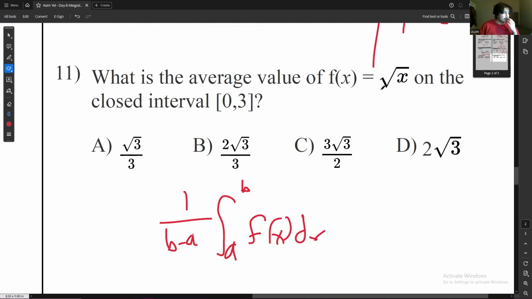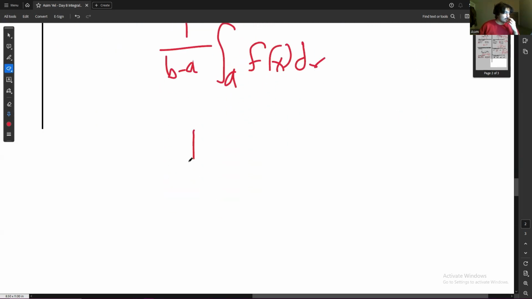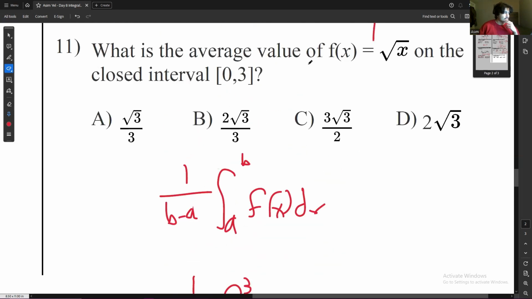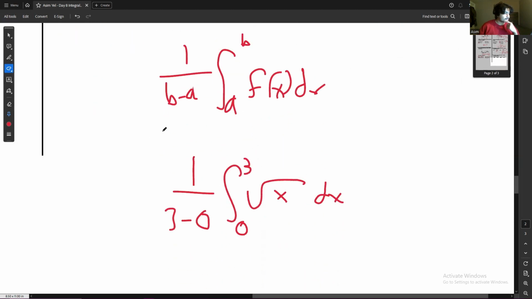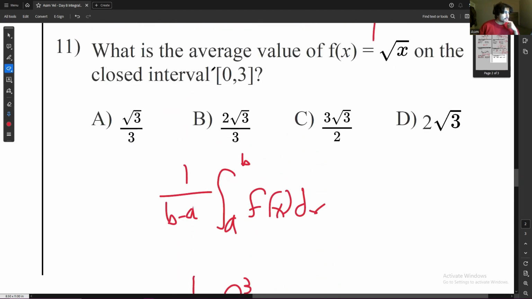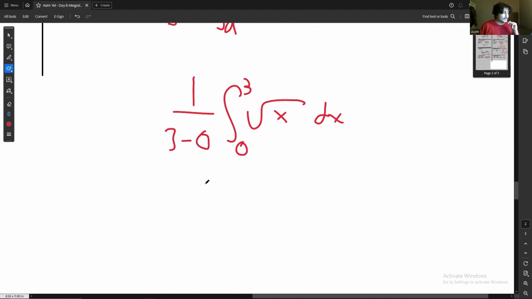So I'm just going to do the same thing: 1 over 3 minus 0, integral from 0 to 3 of the square root of x dx. Is there anything else? No. Nice. So basically 1/3 integral from 0 to 3 of x to the 1/2 power dx.